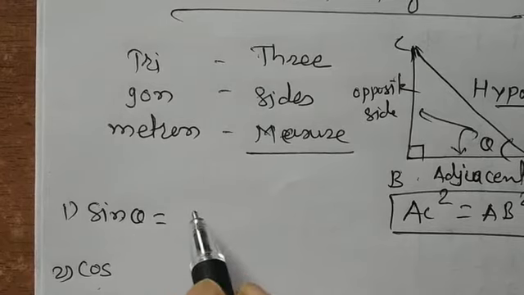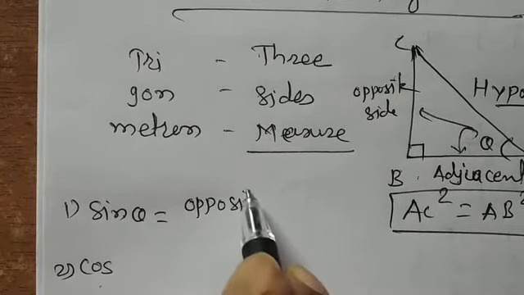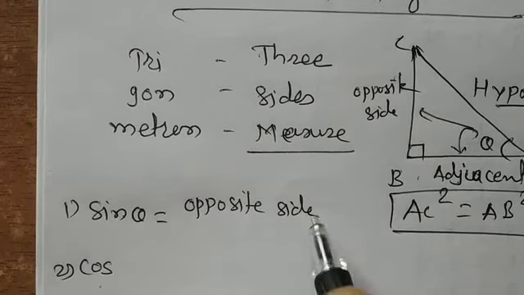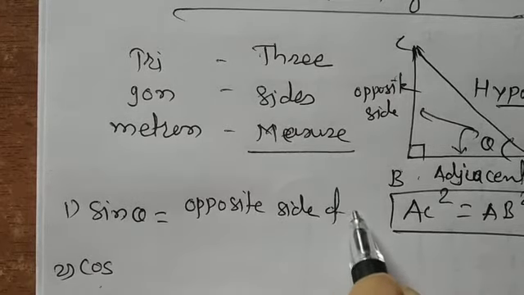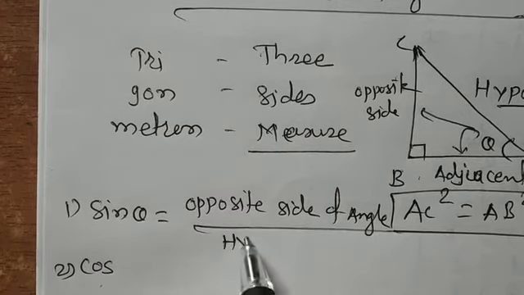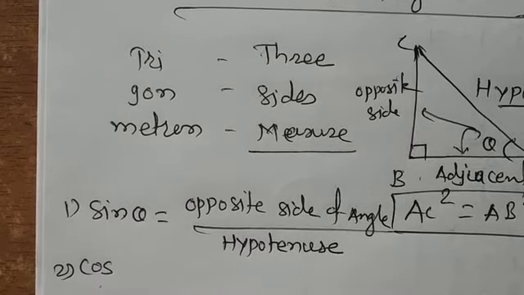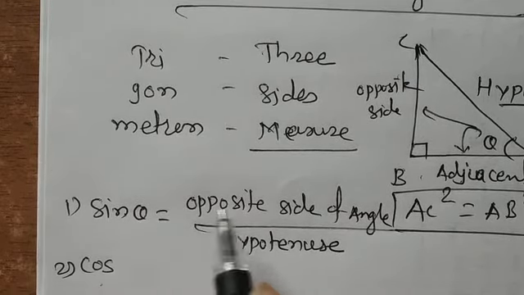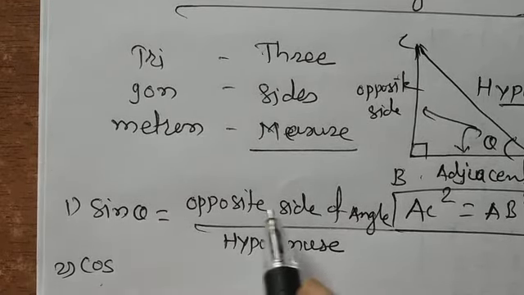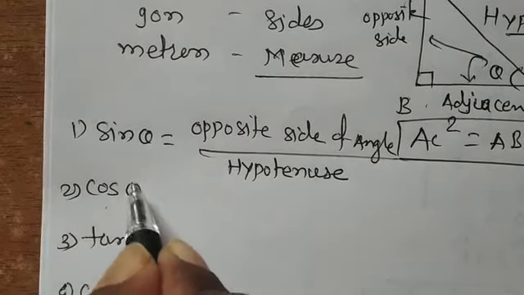Sine theta is the opposite side of the angle upon hypotenuse. This is the formula of sine theta. What is cos theta?